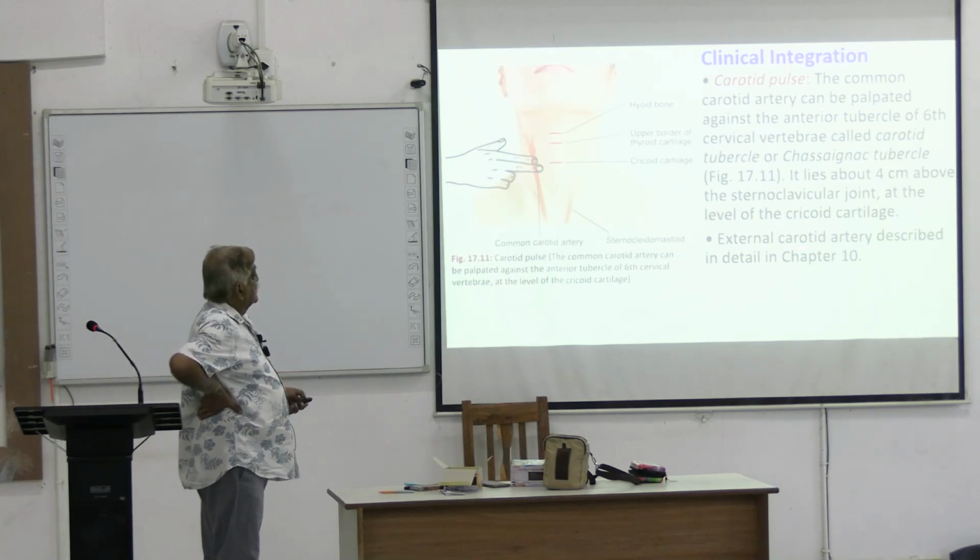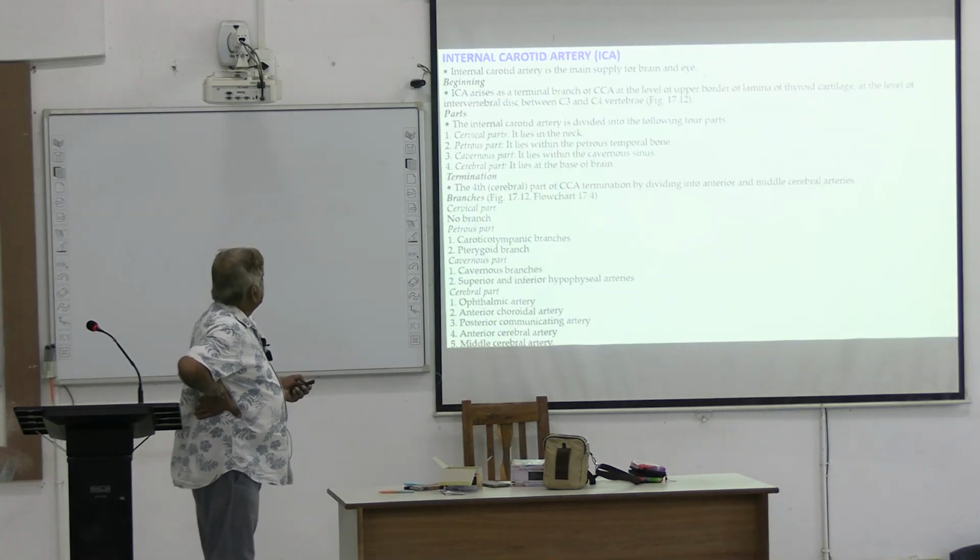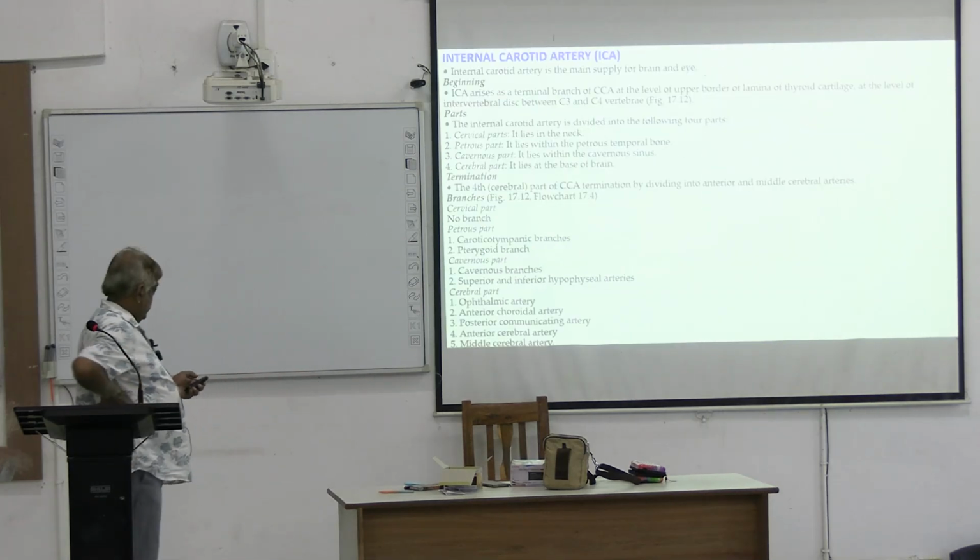Now, the external carotid artery displacement, that we have to see. The internal carotid artery again has branches. The internal carotid artery is the main supply of the brain and the eye.